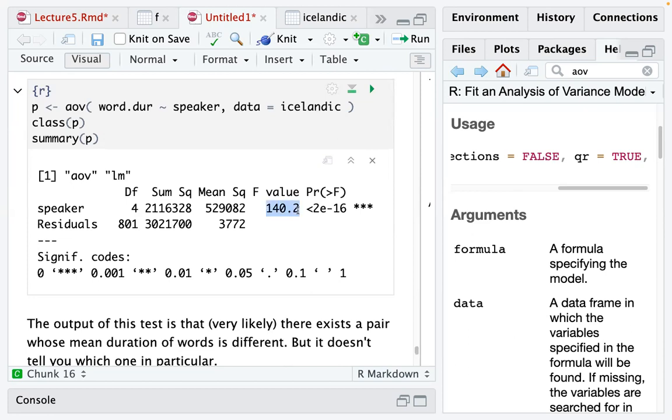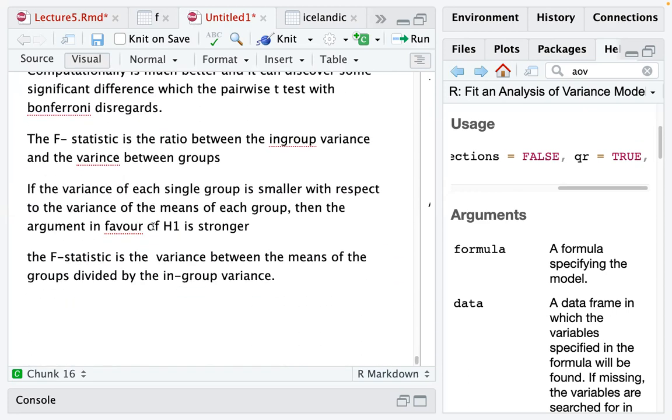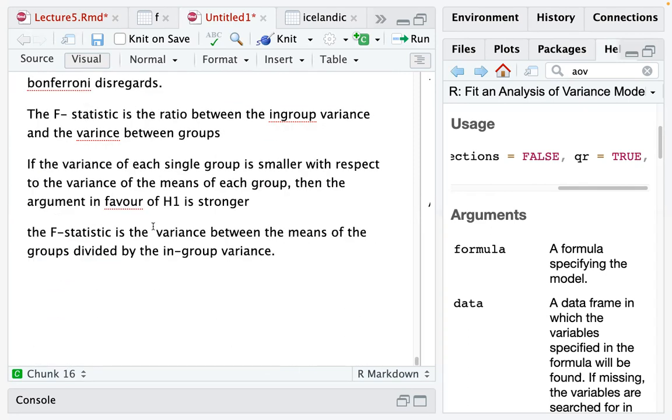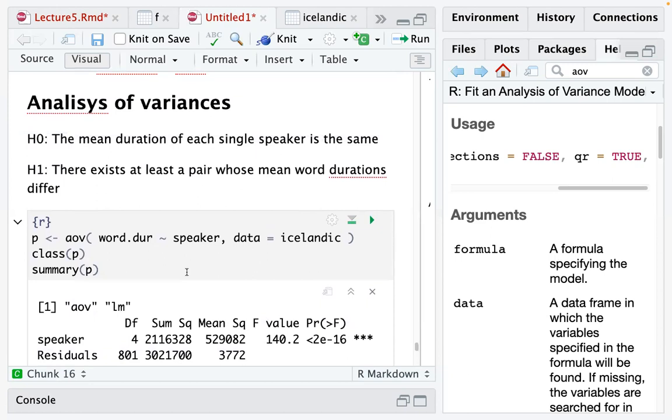So this is very big for an F statistic. So do you have questions concerning this analysis of variances?